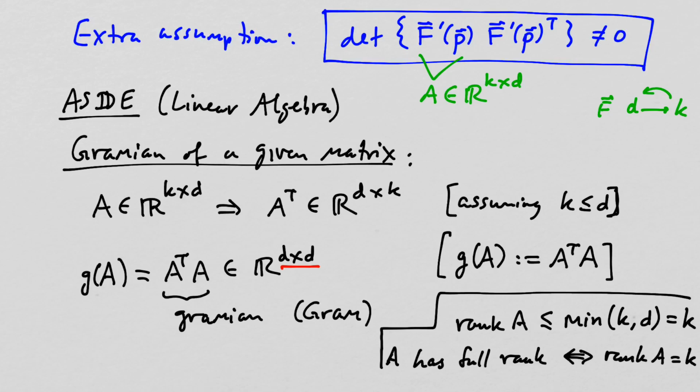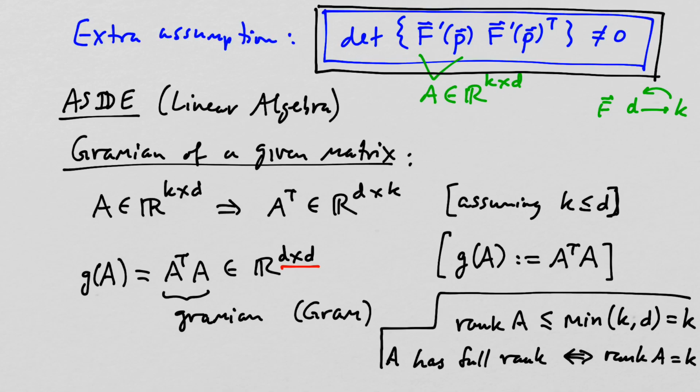Okay, but before getting to the proofs of these theorems, let's see why they are relevant to us. We have this extra assumption now, that the determinant of this Gramian is non-zero.